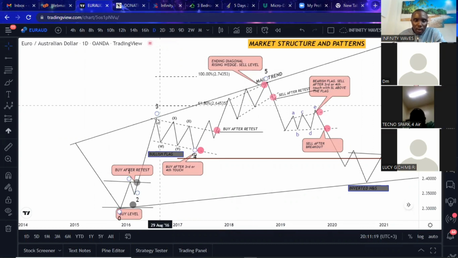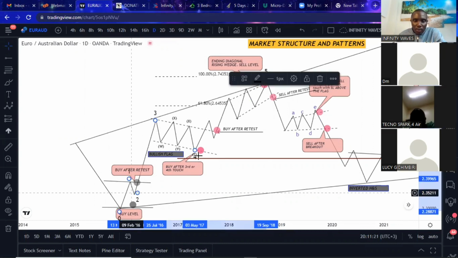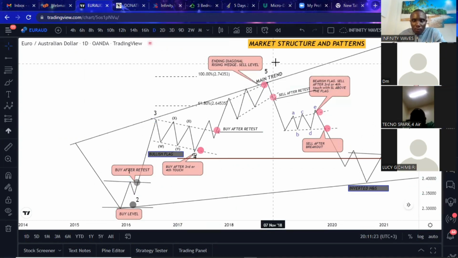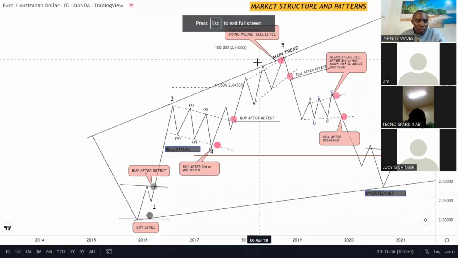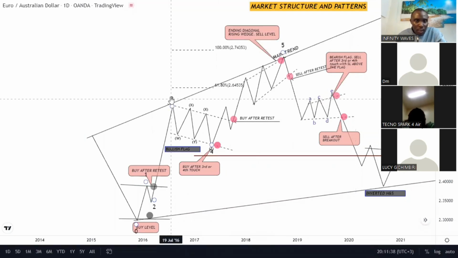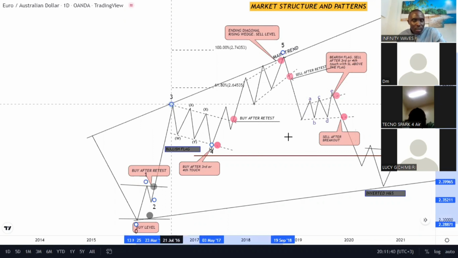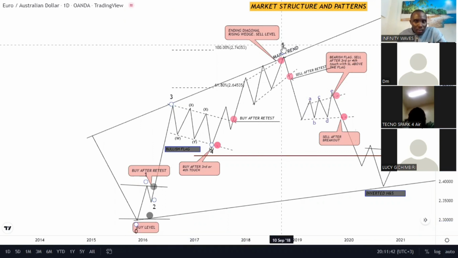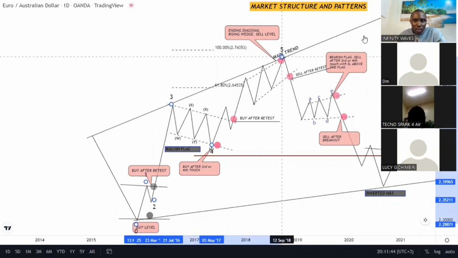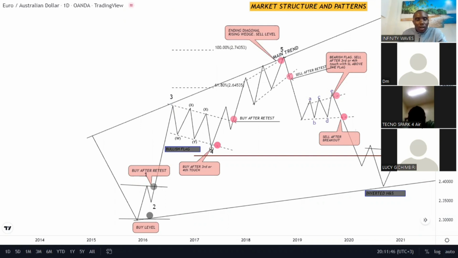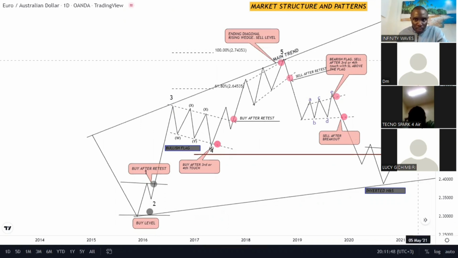All of these waves have rules. All of these rules must be followed, and all of these rules have levels where they're supposed to hit, where they're supposed to touch. So that will tell us which wave we are in. That's why we normally use wave analysis, and it's very tangible when it comes to doing analysis for ourselves and even for our students who are with us.